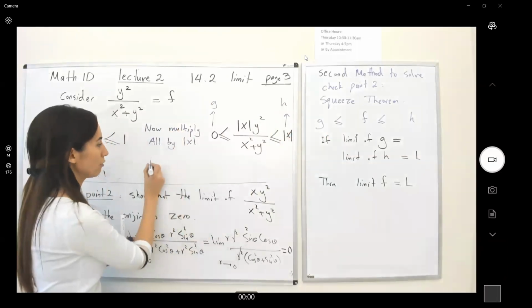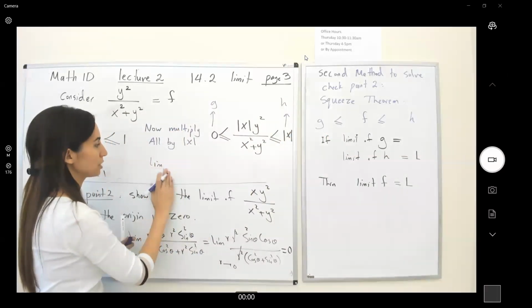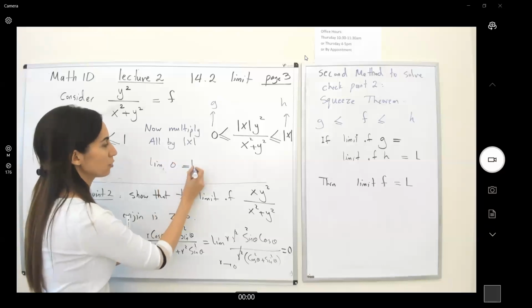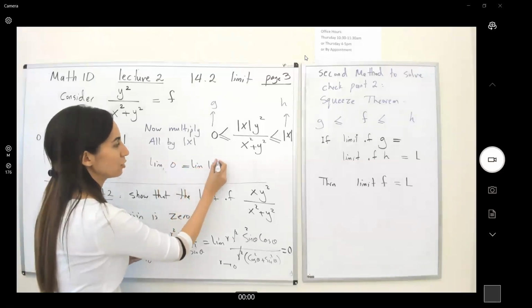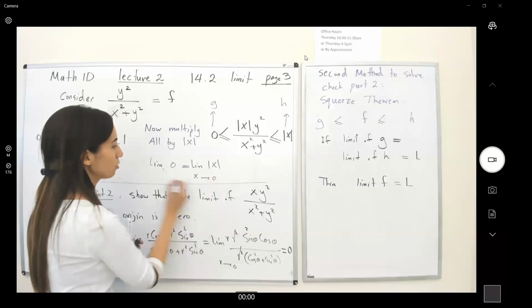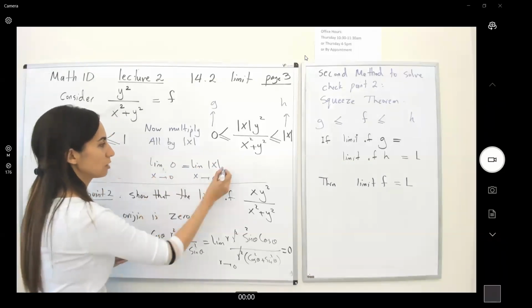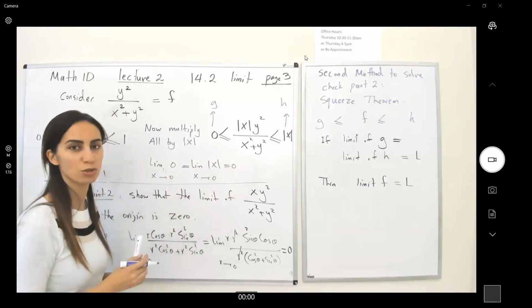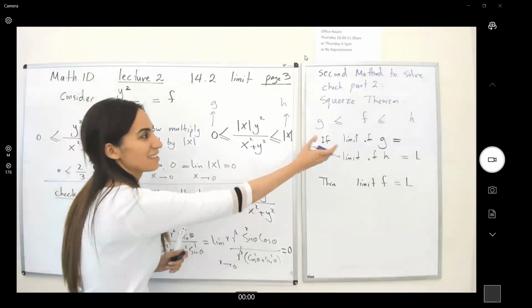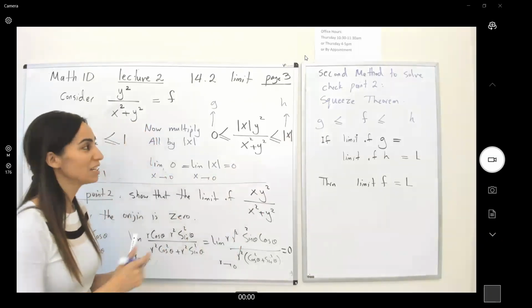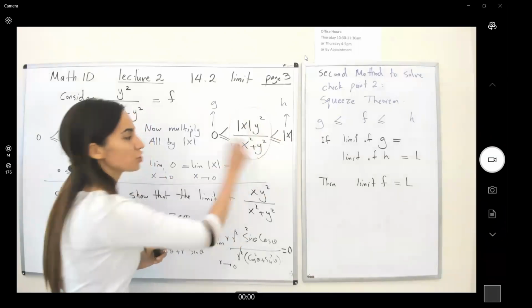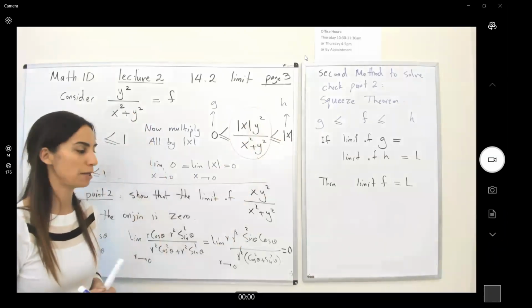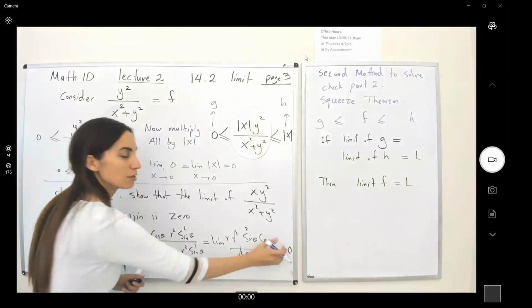The limit of 0 is equal to the limit of the absolute value of x, while x goes to 0. This is always 0. So the squeeze theorem says the middle function has limit equal to 0.